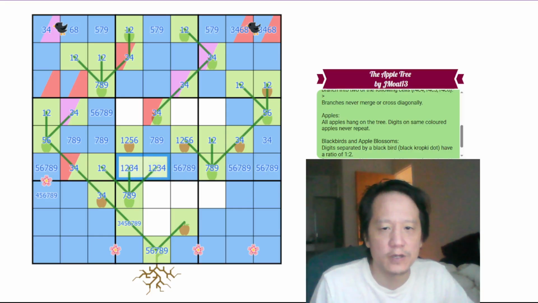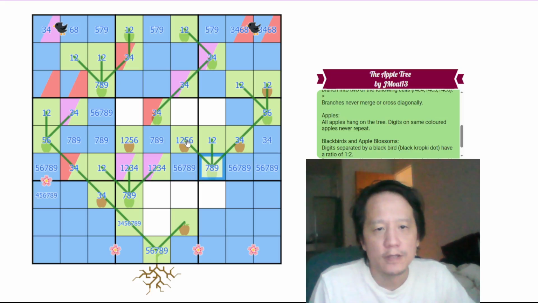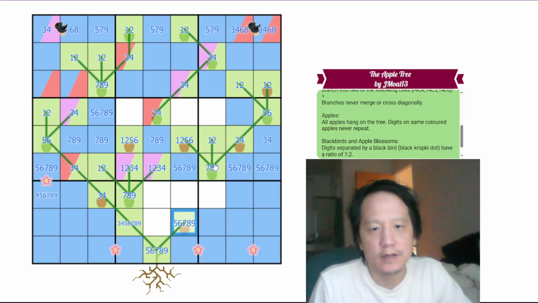This is the pink 3, 4, we're not sure which. This stops, so that's 1, 2. That means this is at least 5, 6, 7, 8, 9, right?